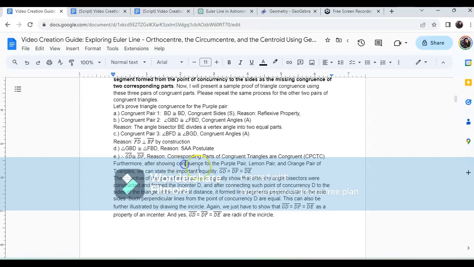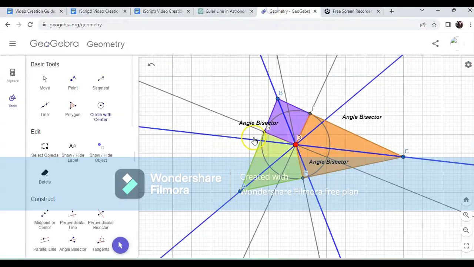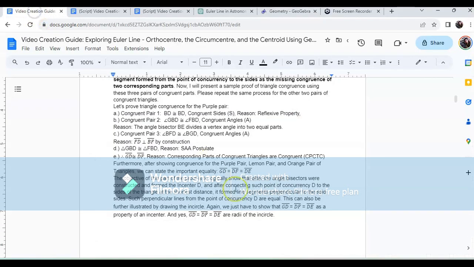Furthermore, after showing congruence for the purple pair, lemon pair, and orange pair of triangles, we can state the important equality that side GD is equal to side DF, and side GD and side DF are also equal to side DE.